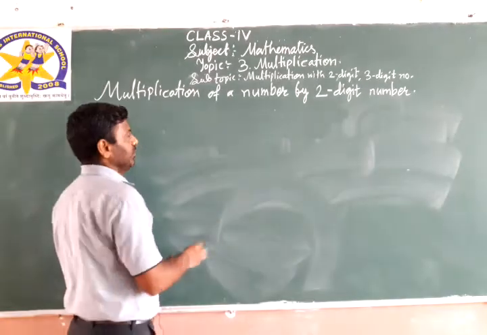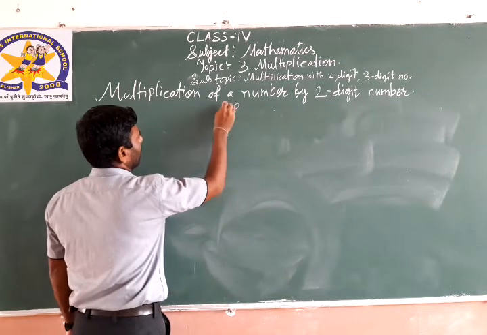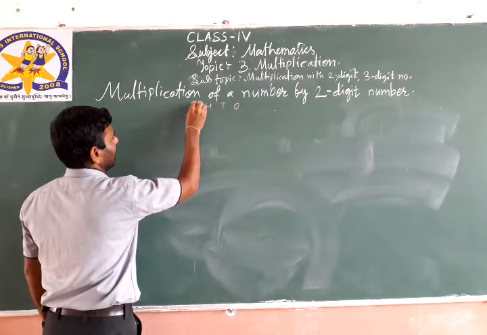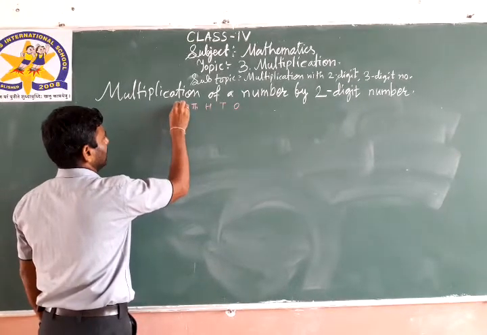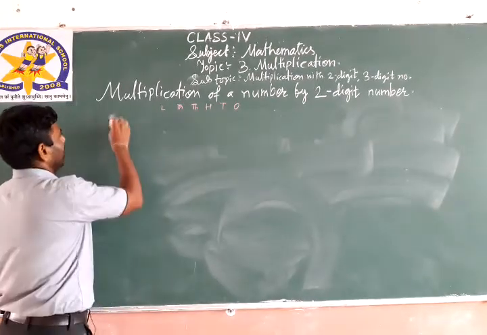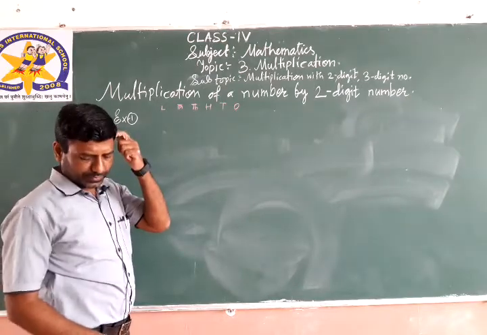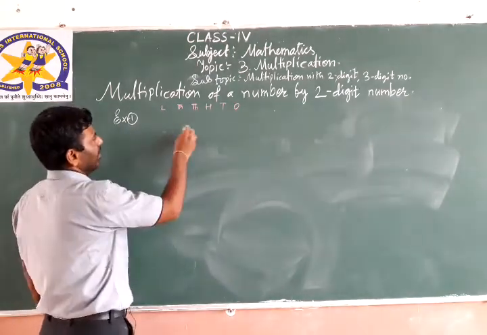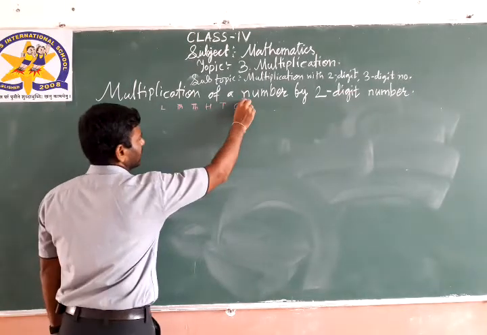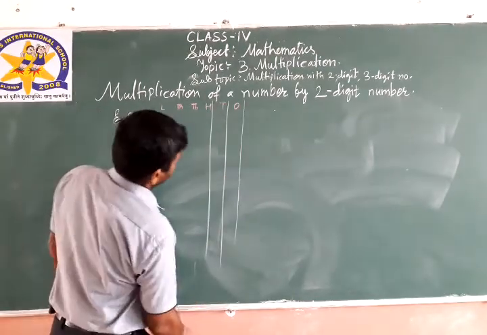What I said. Before writing this, you have to draw a place value chart. Tens, 100, 1000, 10,000, lakh, likewise. Okay, example. First draw the slanting lines.